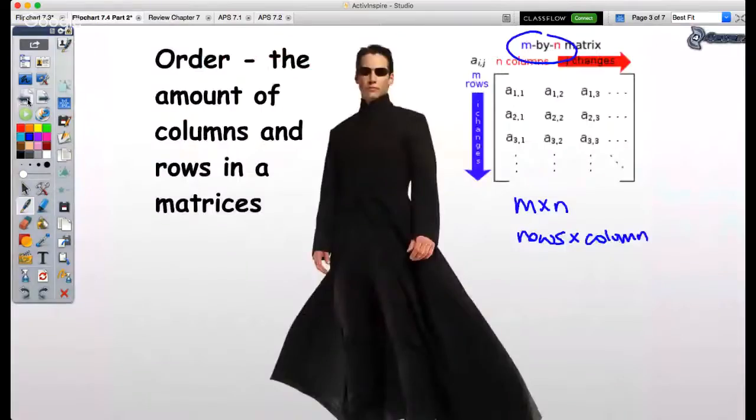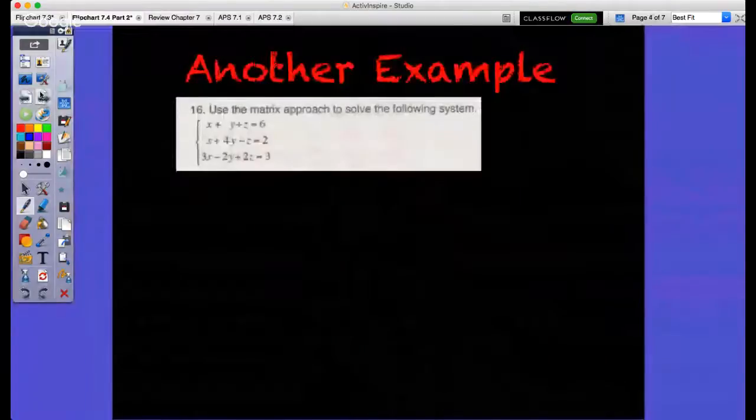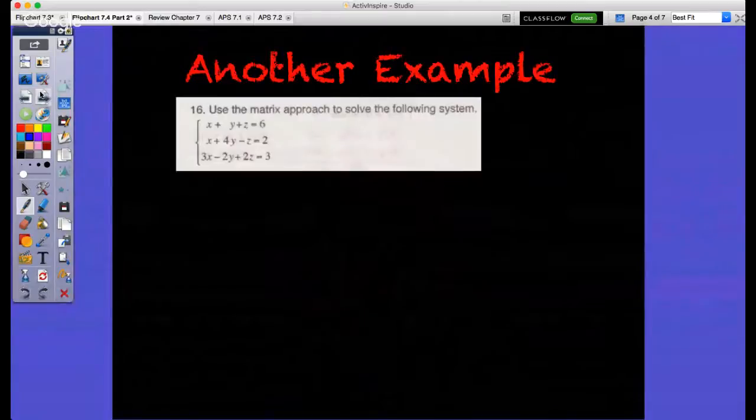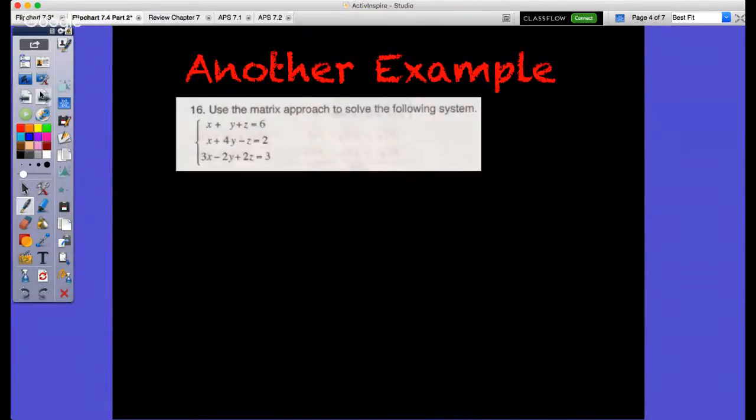Now, using this, we can put it into a specific form and really maneuver it. Some of you will do more of this in college. When maneuvering it, you would be able to solve for that systems of equations. So take, for instance, number 16.